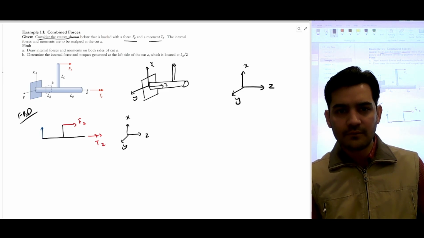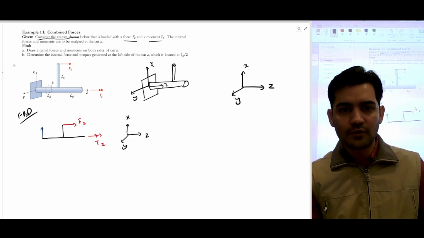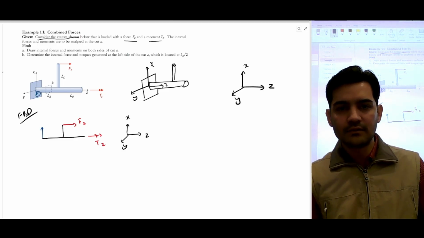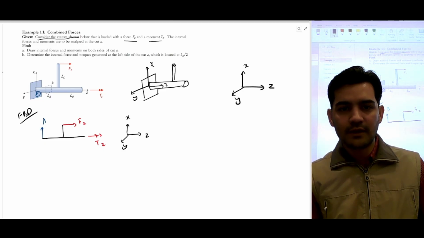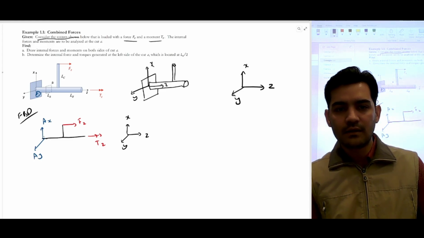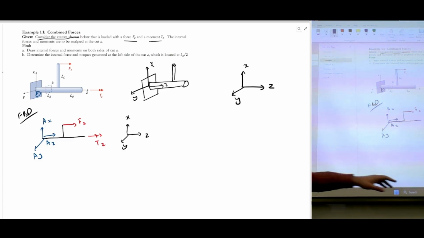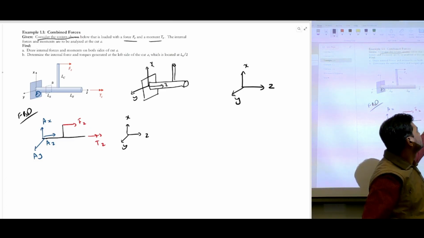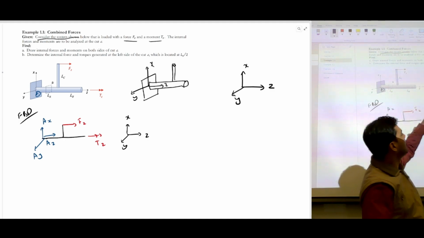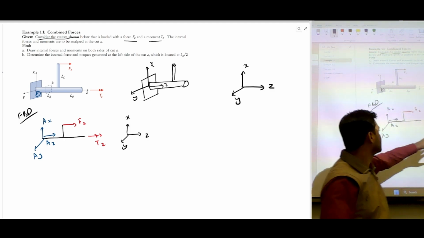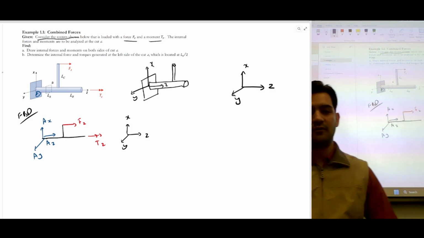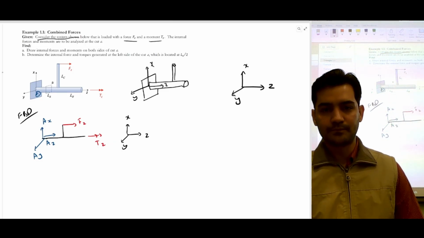If I call this point A, you will have A x, A y, and then A z. These are the reaction forces you can see. These are the axes: x-axis positive upward, y-axis positive outside the plane, z-axis positive in this direction.